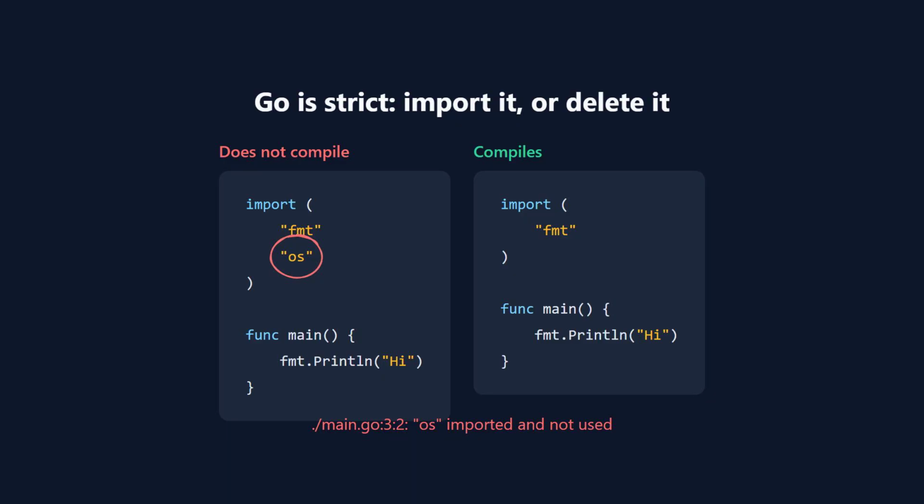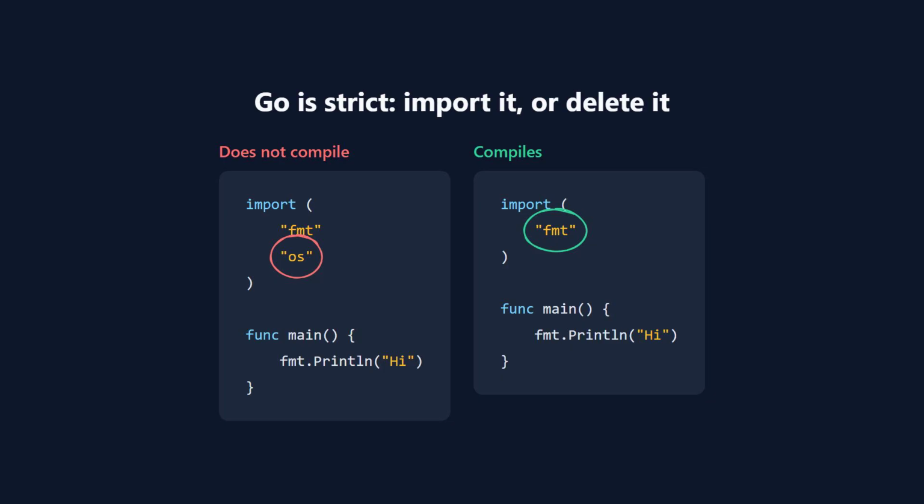In Go, it is a hard error, and the program will not build at all. The message is blunt, quote, os, quote, imported and not used. The fix is not clever. You delete the line. If you are not using a package, it does not belong in your file. That feels harsh the first time it happens, but it is why a Go file never fills up with stale imports that nobody remembers adding.